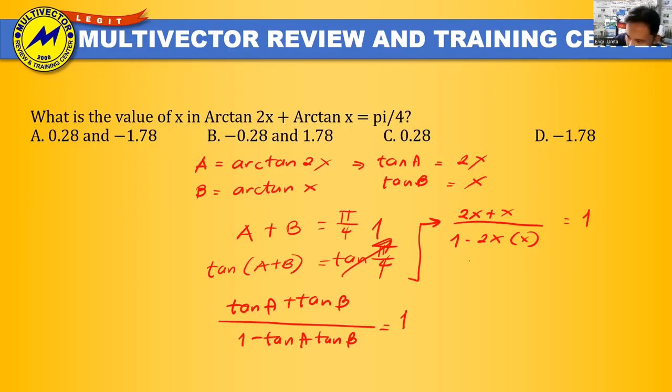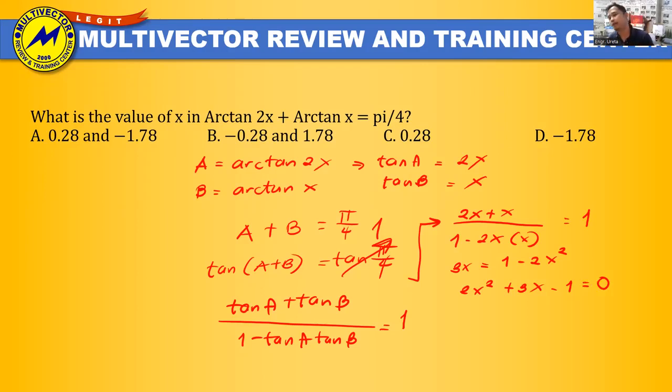So 2x plus x is 3x. It is just equals to 1 minus, transpose lang natin dun sa kabila, negative 2x squared. Pag in-arrange natin to, magiging 2x squared plus 3x minus 1 is equals to 0.